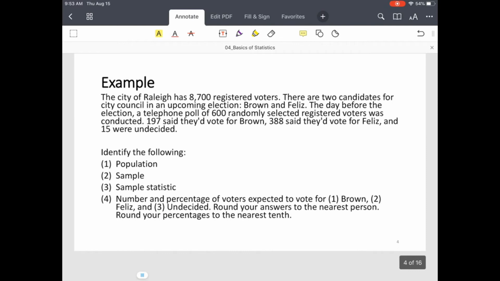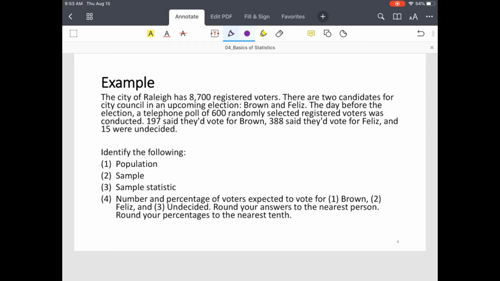All right, so now let's look at an example, and we're going to identify a couple different things. The city of Raleigh has 8,700 registered voters. There are two candidates for city council in an upcoming election, Brown and Feliz. The day before the election, a telephone poll of 600 randomly selected volunteers was conducted. 197 said they'd vote for Brown, 388 said they'd vote for Feliz, and 15 were undecided.